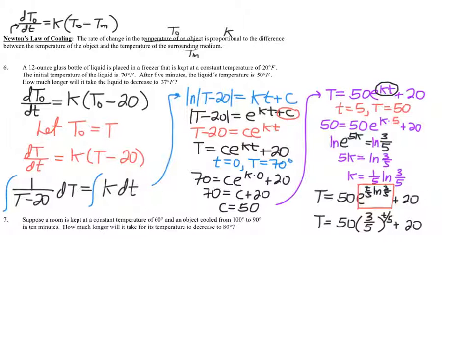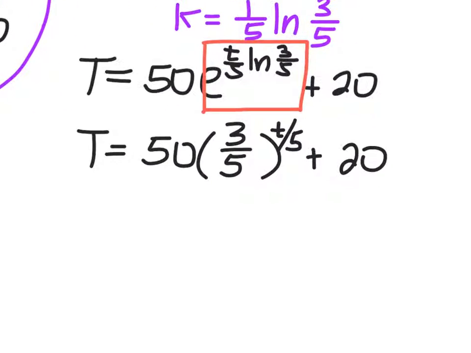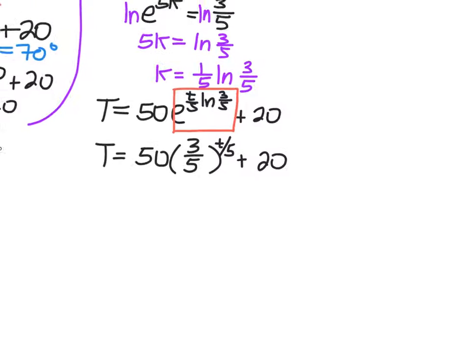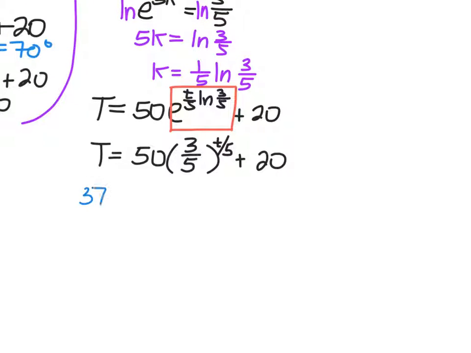How much longer will it take this liquid to decrease to 37 degrees? So, more pre-calc. We know that it's got to get to 37 degrees, so that's the temperature.